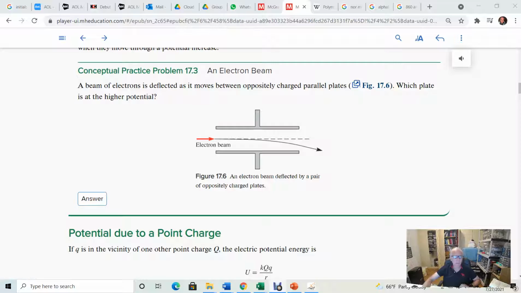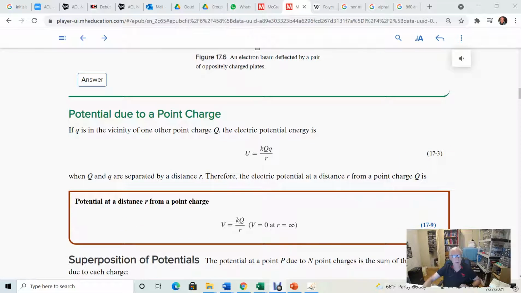We know that an electron beam is negatively charged, and if it's moving like that, it means that this plate is negatively charged and this one is positively charged. So consequently, this one must be at a higher potential, and this one must be at a lower potential.